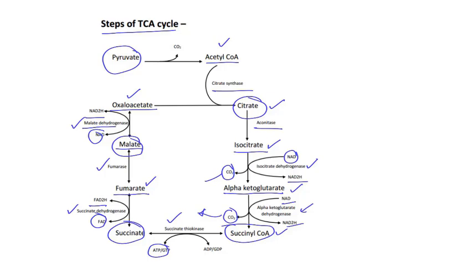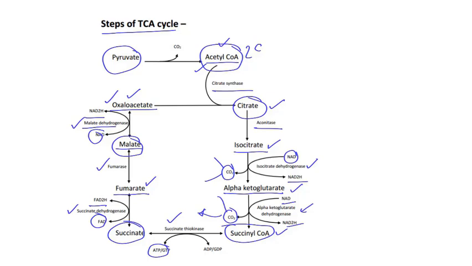Teacher may ask you to justify that oxaloacetate is the catalyst of TCA cycle. We'll learn to justify it. Literally, acetyl-CoA consists of two carbon molecules. Actually, this acetyl-CoA is lost through the cycle as two molecules of carbon dioxide.